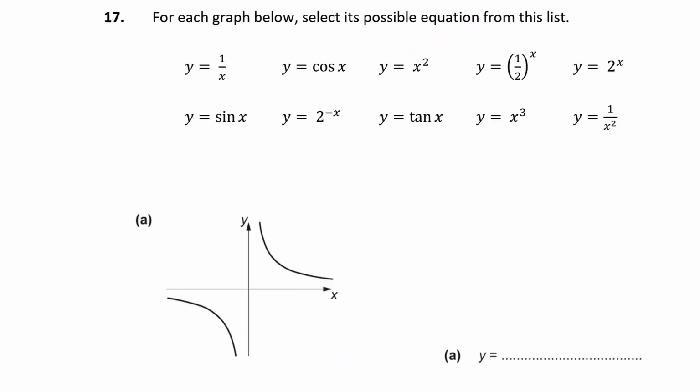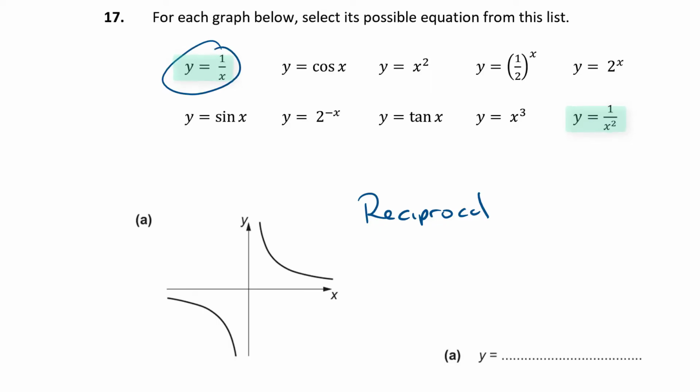For each of the graphs below, select its possible equation from the list. Okay, and for part A, I've got this very distinctive 2-part curve. Now these sorts of curves are called reciprocal curves, and they're going to have the form y equals 1 over x, or y equals 1 over some power of x, actually.